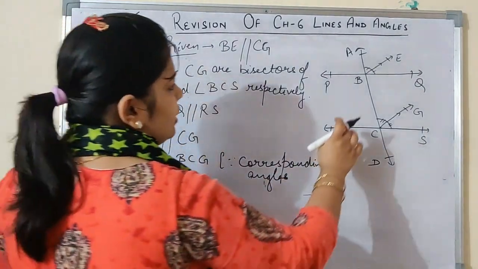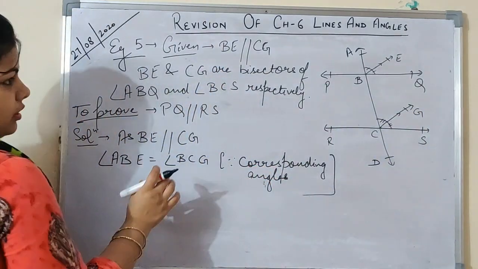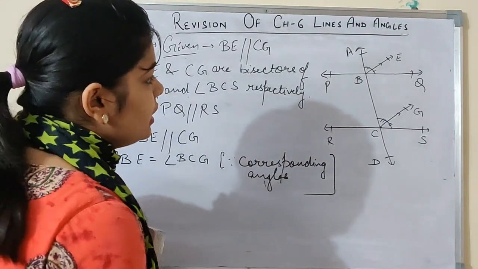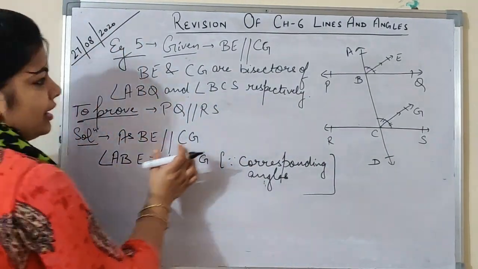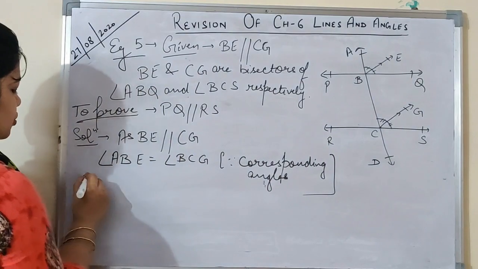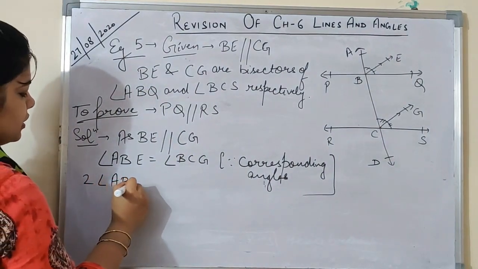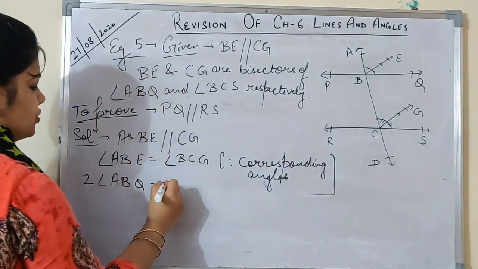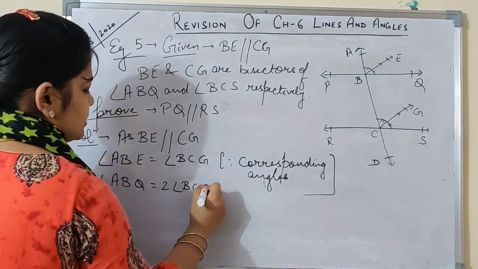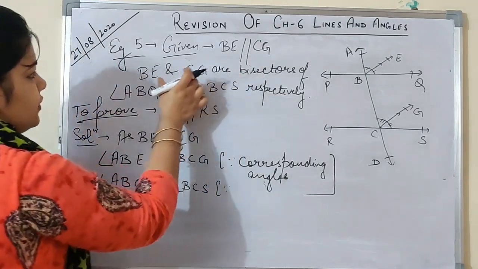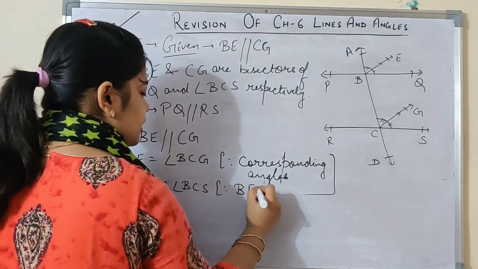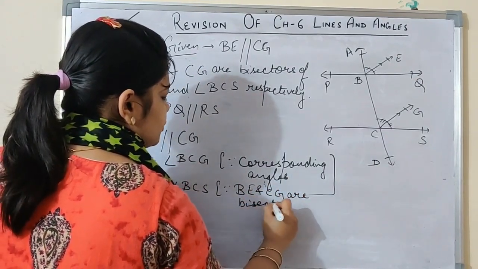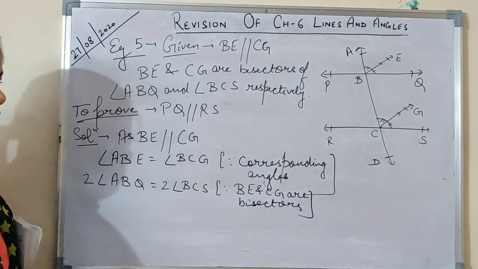Then in place of angle ABE, we can write twice of angle ABQ is equal to, then in place of angle BCG, we can write twice of angle BCS. Because it is given to us that BE and CG are acting as bisectors, we can write it like this.